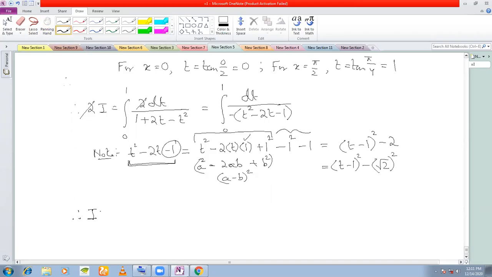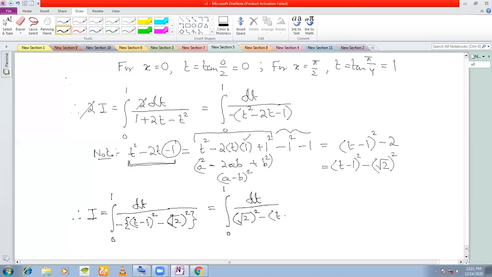Therefore, I is equal to integral 0 to 1 dt by minus of t minus 1 whole square minus root 2 square. It will become this, right? I mean, this is integral 0 to 1 dt by root 2 square minus t minus 1 square, right?